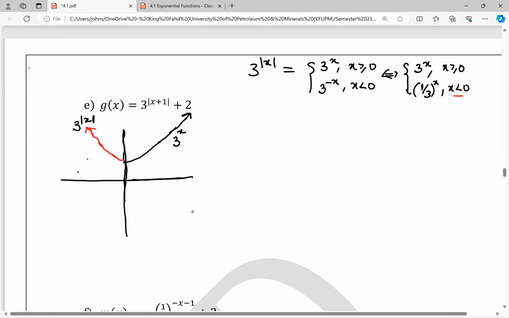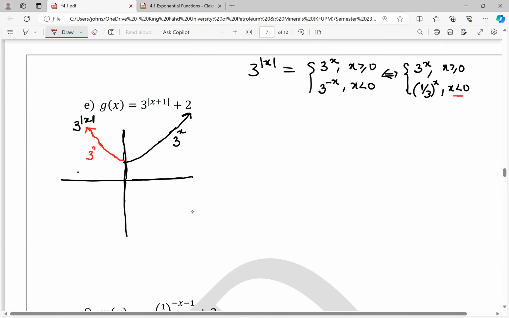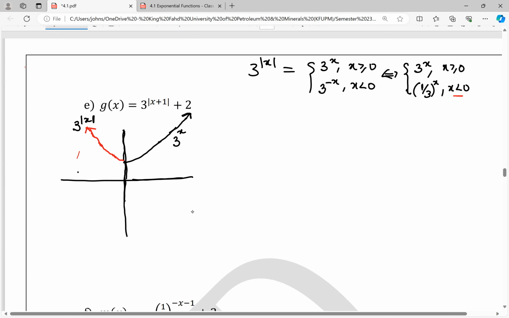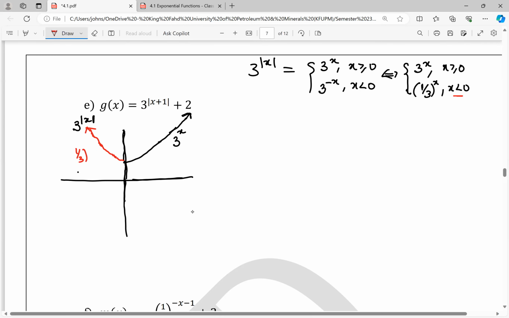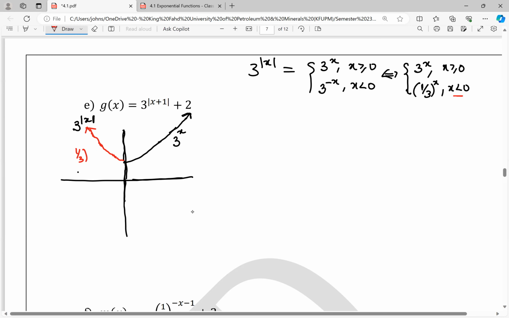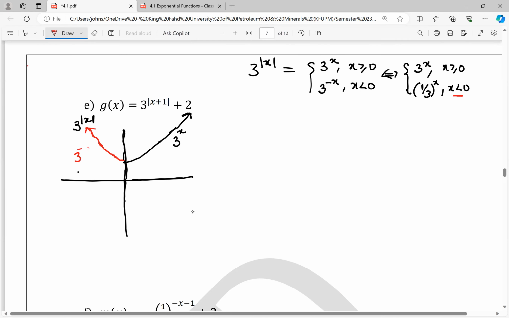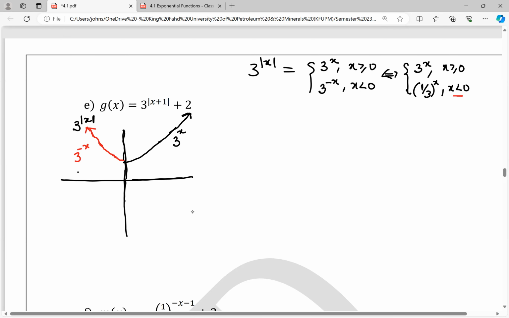So this is 3 to the power of what? Or you can call it (1/3)^x, which is the same thing as 3^(-x).